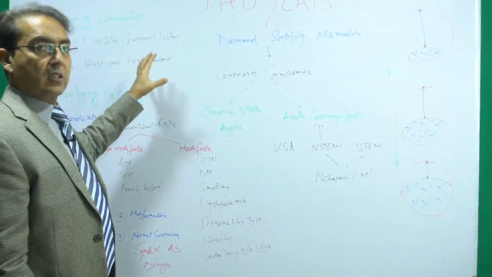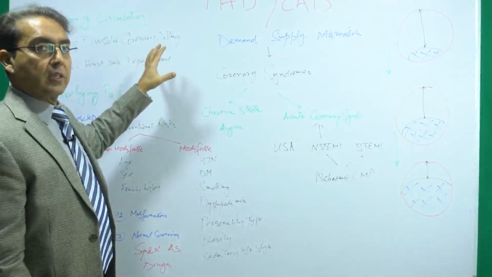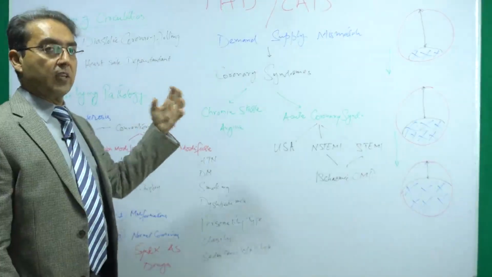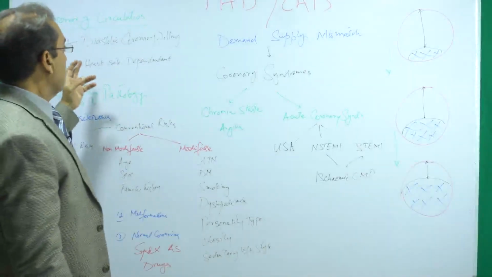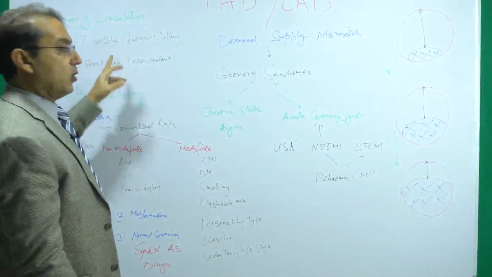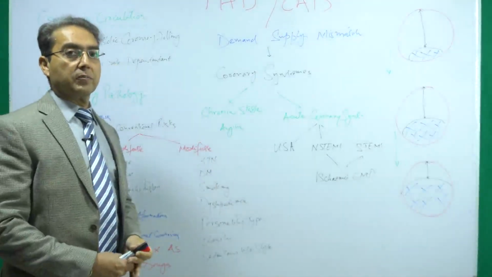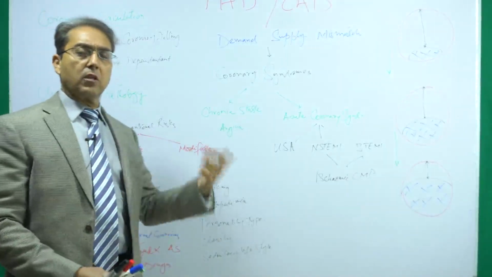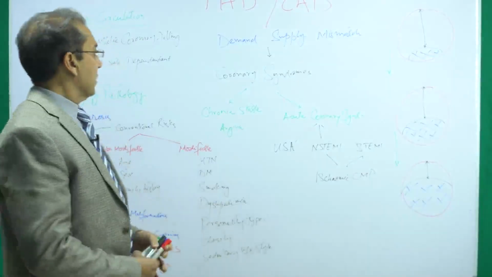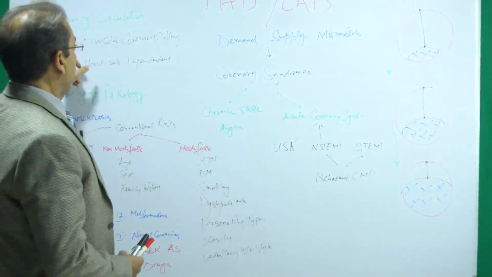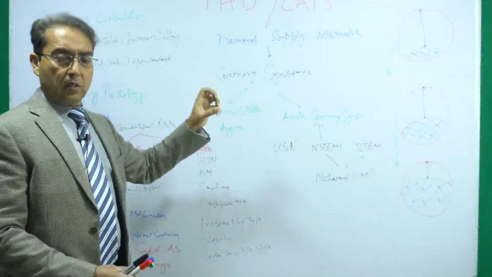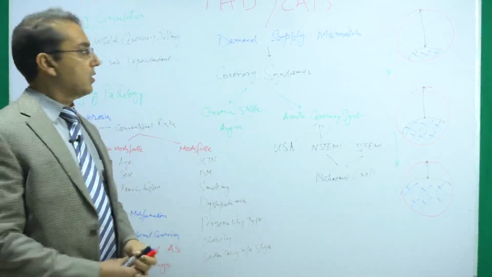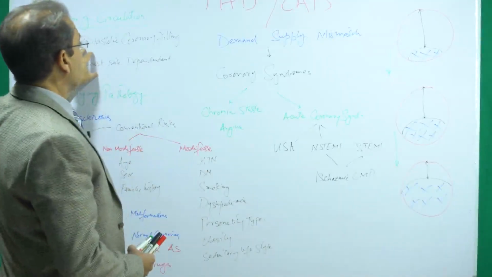So anything which increases the heart rate is going to cause a decrease in diastolic period, and hence the diastolic filling of the coronaries will be less. These two are the peculiar features which we do not see in other types of circulation. When there is tachycardia, the circulation to other organs starts increasing. But in case of the heart, the blood supply starts decreasing. So that is one important feature.